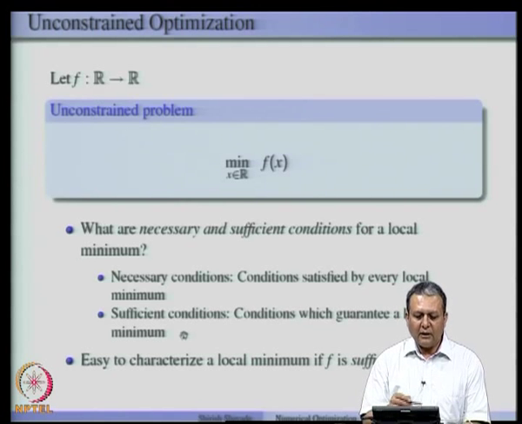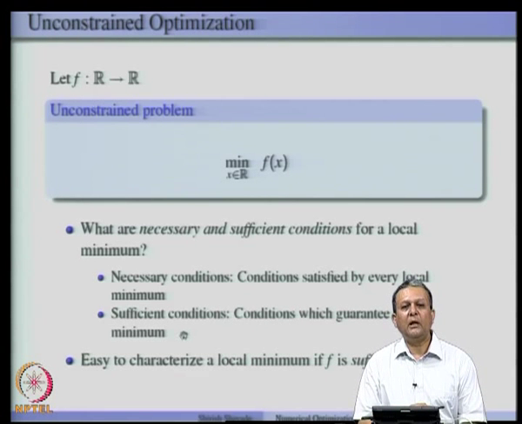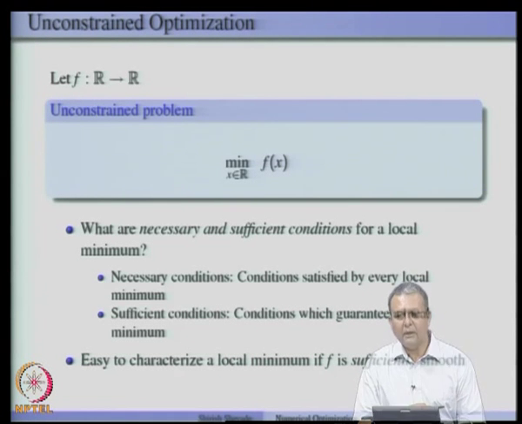And by sufficient conditions, we mean those conditions which guarantee a local minimum. For example, if at x star belonging to R, certain conditions are satisfied, then we can say with guarantee that x star is a local minimum.